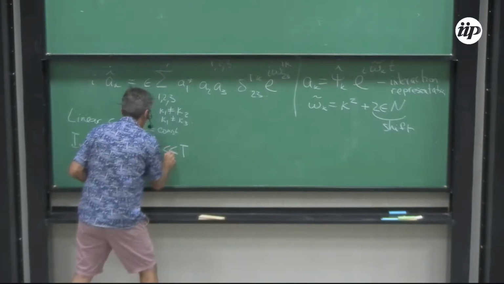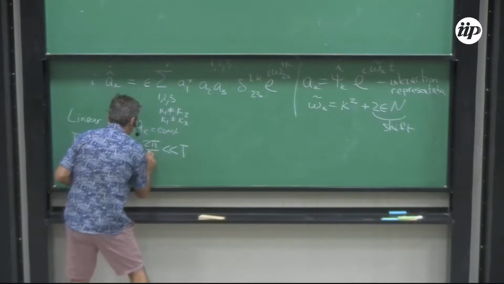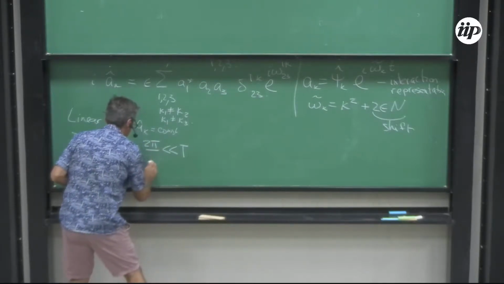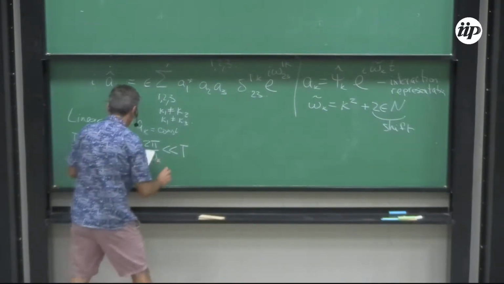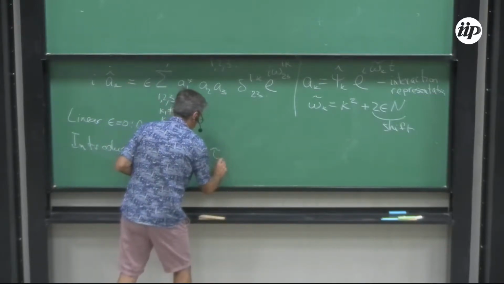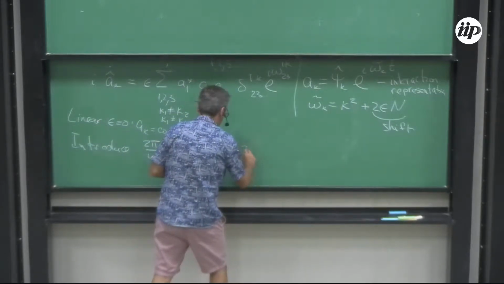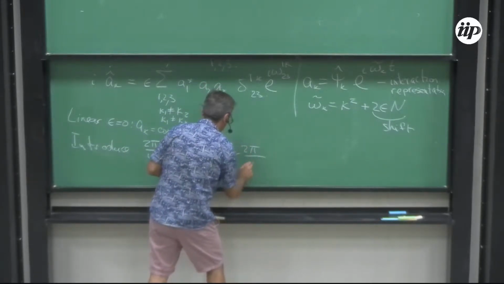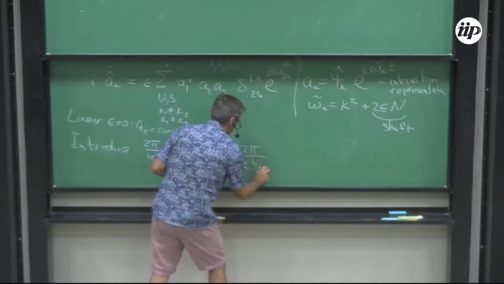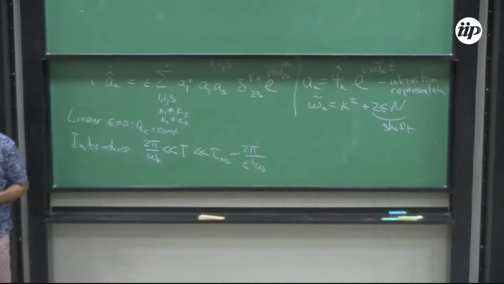I want to really filter out the fast time dependence, and for that I introduce some auxiliary time T, intermediate time, which will not appear in the final formulation.